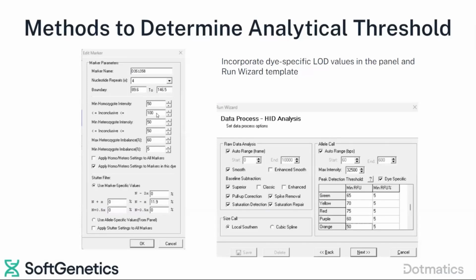So if your stochastic is below 100, this would show that peaks that are above 50 but below 100, when there's only one peak in the sample, will be flagged as inconclusive to alert you that it's in that stochastic range. Incorporating the dye outside the marker, this is just by dye in the analysis template. You can pick the percent filter and the minimum RFU per dye.